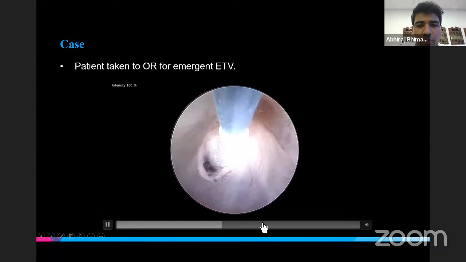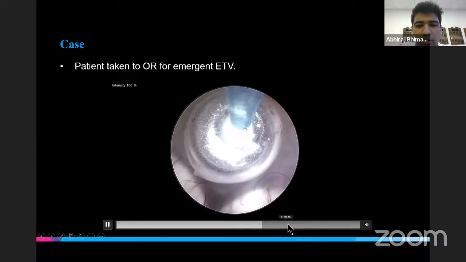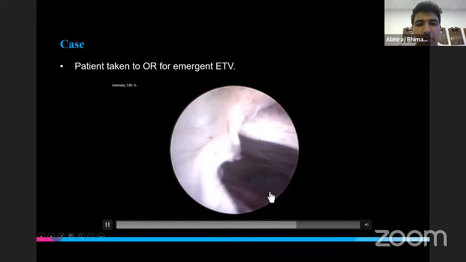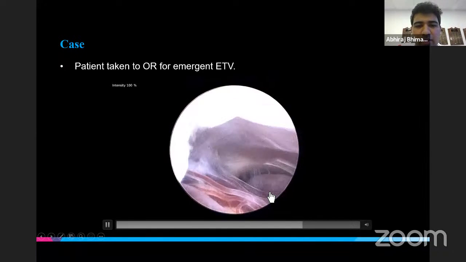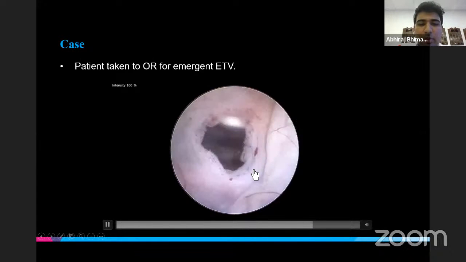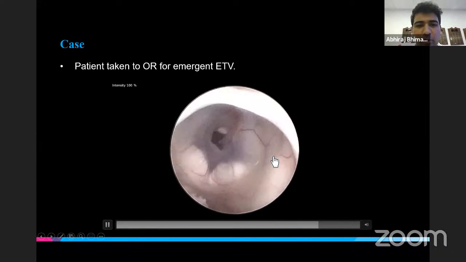Fast forward this a little bit, and you can see now we have a nice little ETV draining the CSF, providing an alternative pathway. You can see the basilar, you can see the perforators as well. It's a really nice view.